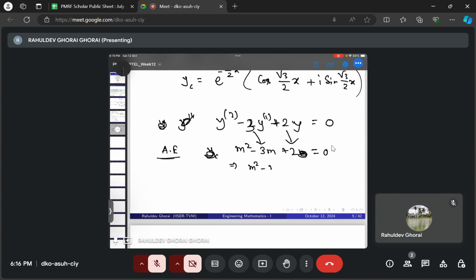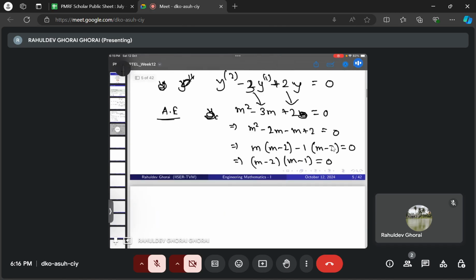To find the roots, split it as m square minus 2m minus m plus 2 equal to 0. Taking common factors, m times m minus 2 minus 1 times m minus 2 equal to 0. That implies m minus 2 times m minus 1 is equal to 0. So you can have real roots also. Here these real roots are 1 and 2.